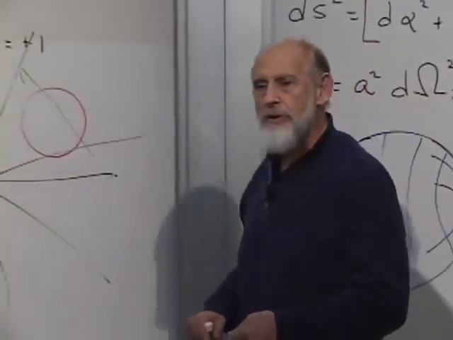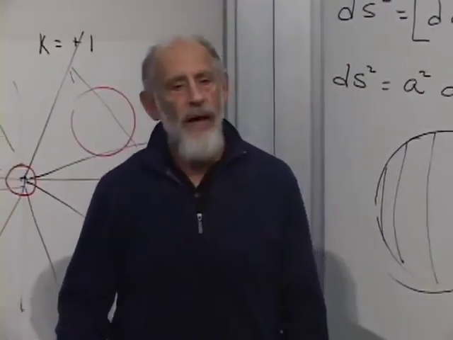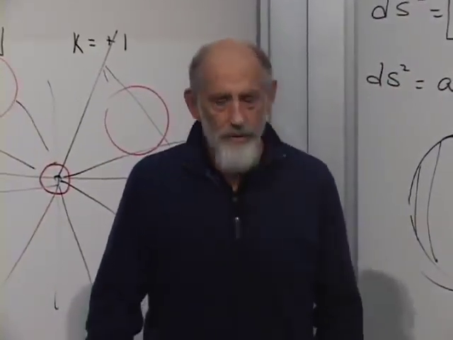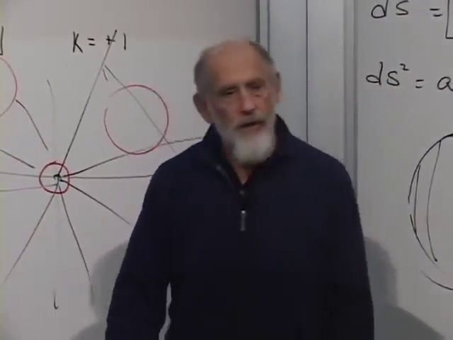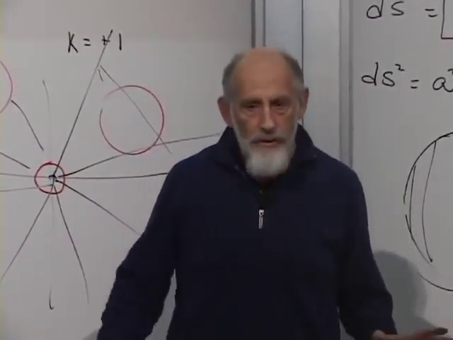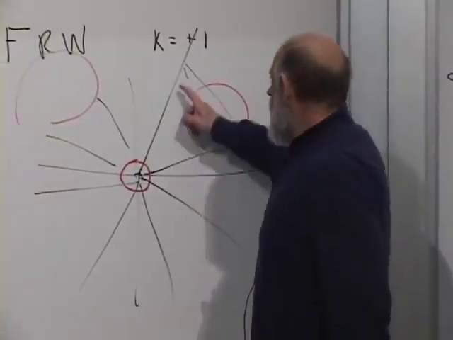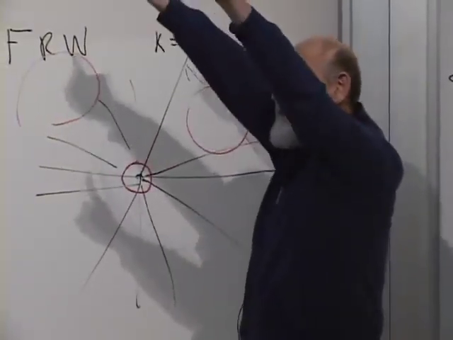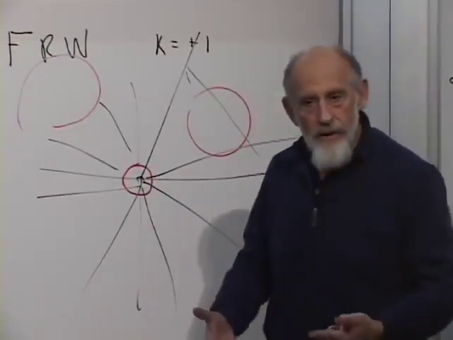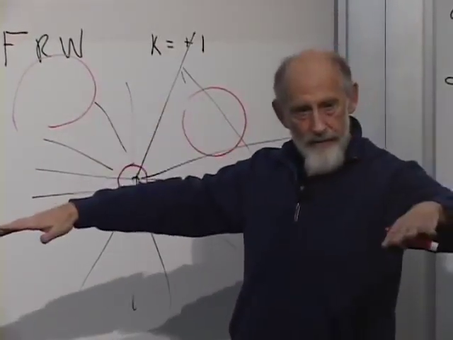For some reason, he sees a galaxy out there which looks very similar to our galaxy, has the same kind of structure, and he has good reason to believe that galaxy is very similar to our own. When he looks at it, he will see an angle in the sky which is bigger than he would see if the space was flat.